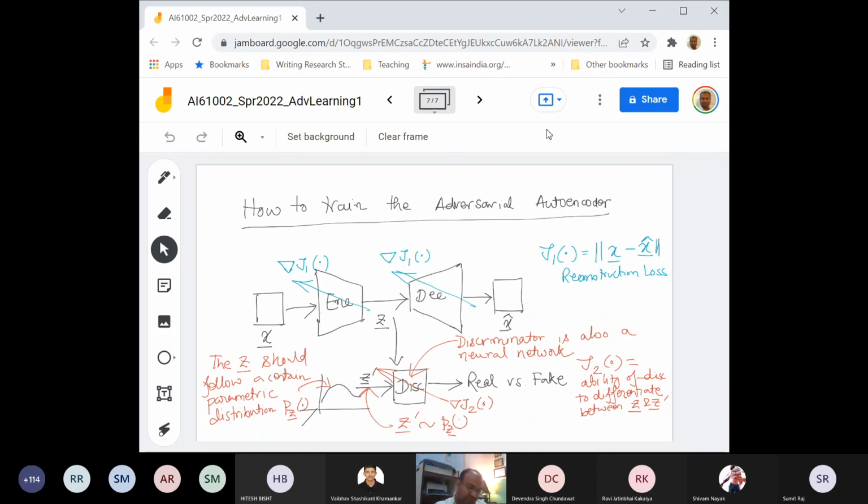I want this Z to follow the distribution PZ, but I cannot compare a particular number to a distribution itself.